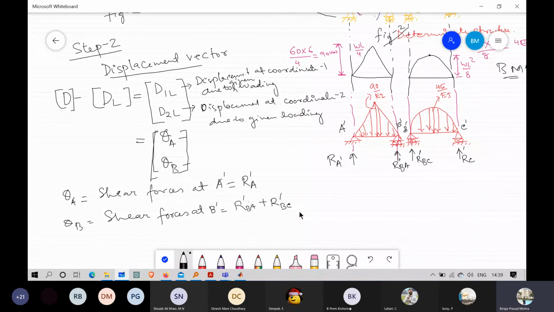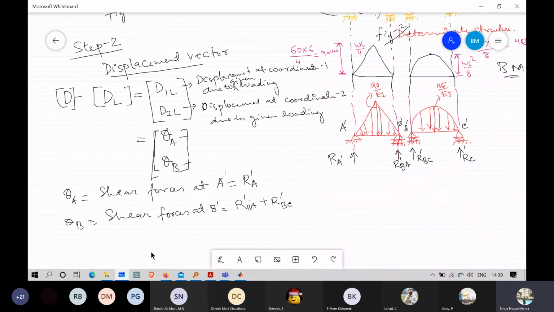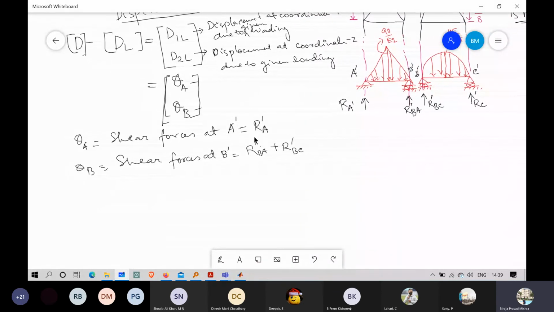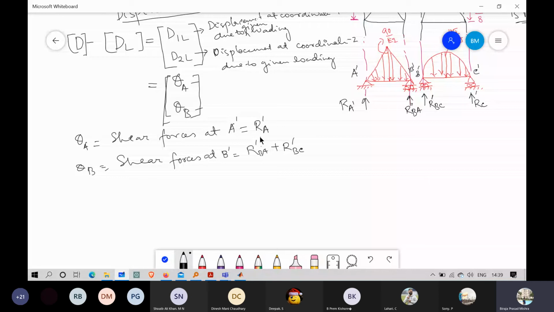Now, can we find RA dash, RBA dash and RBC dash? Yes, we can find them from both these spans. Please pay attention here.